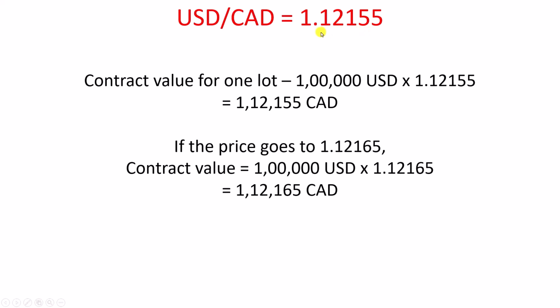Let us say that this moves up to 1.12165. So from 55 it moves to 65. It changes by a pip. If it does, then the contract value would be this into the new exchange rate, which will come to 112,165 Canadian dollars.